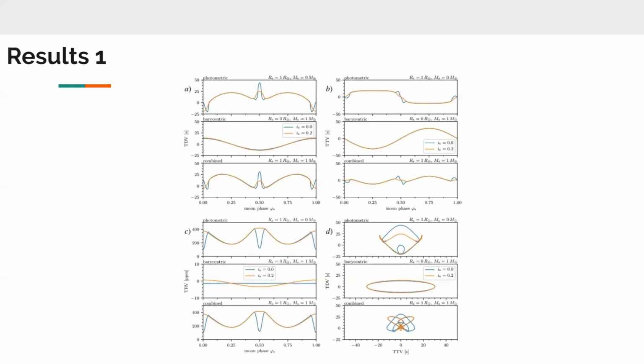And one important thing to note for the rest of these plots is that the orange lines represent a system that has no occultations, and the blue system refers to a coplanar planet-moon system, which is a system with occultations.